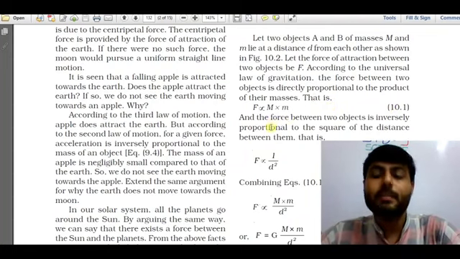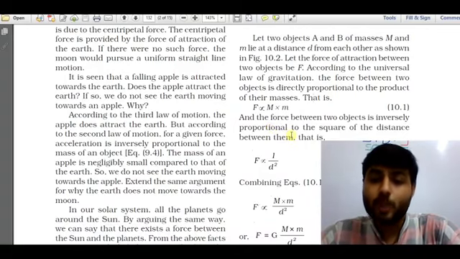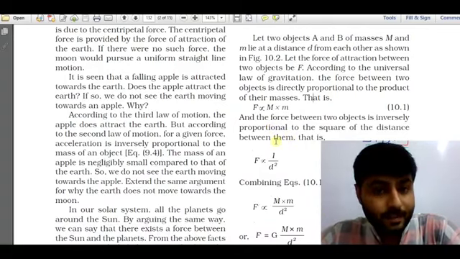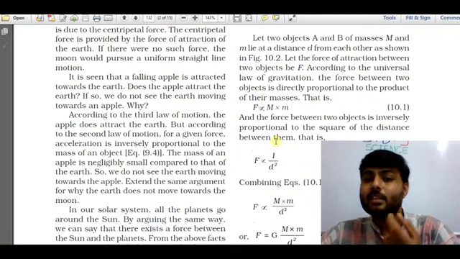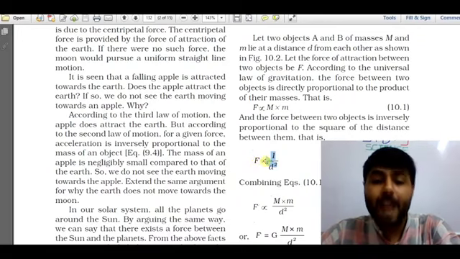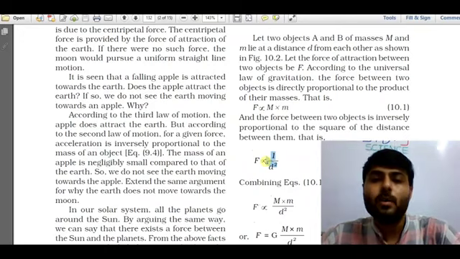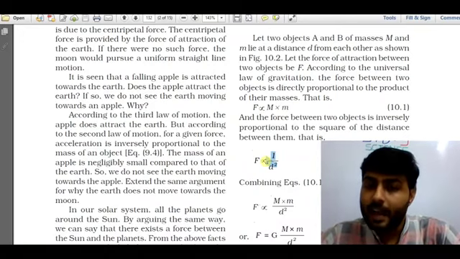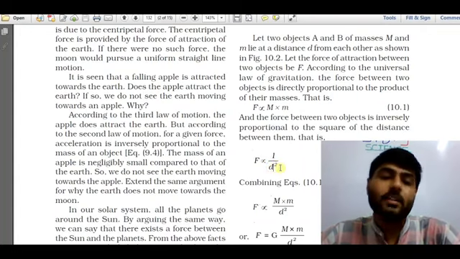The force between the objects is inversely proportional to the square of the distance between them. We know the distance between these two objects is small d. So we write F is directly proportional to 1 upon d square, or we can say that F is inversely proportional to d square.